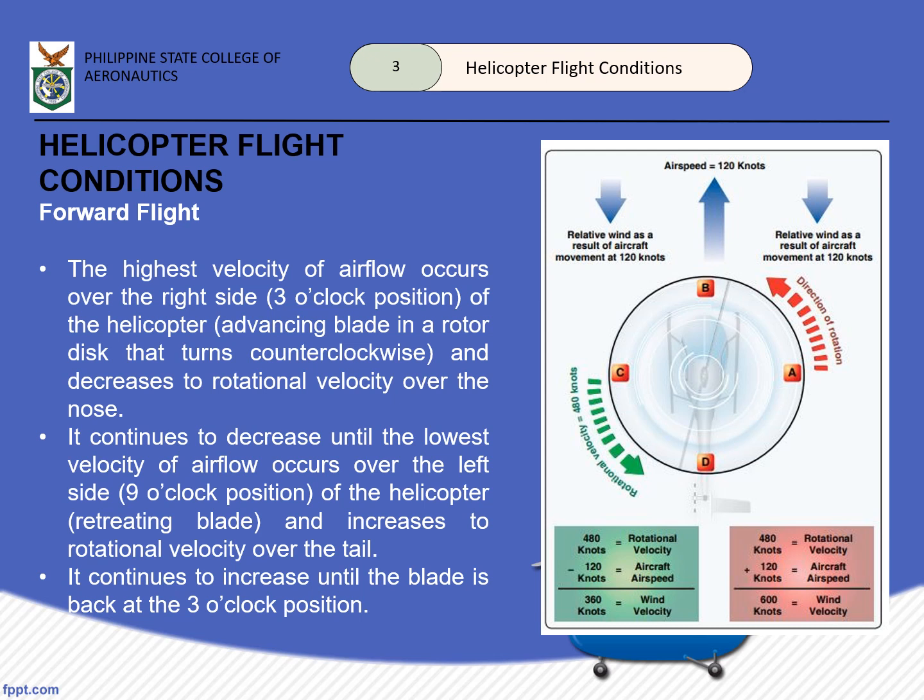It continues to increase until the blade is back at the 3 o'clock position. As we mentioned, there is a certain variation that exists, and as you may see in this photo, you are able to indicate which part has the higher velocity than the other ones.